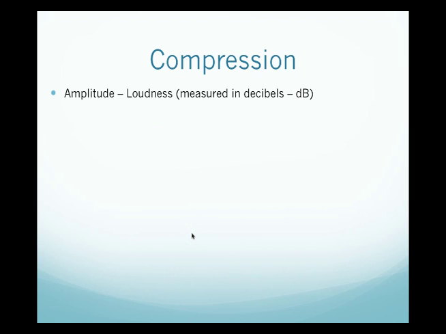If you remember from a previous tutorial, we talked about amplitude, meaning loudness. When we look at all the sounds that are out there, there are a few characteristics that distinguish one from another, and one of those obviously is amplitude, which we measure in decibels, or dB.